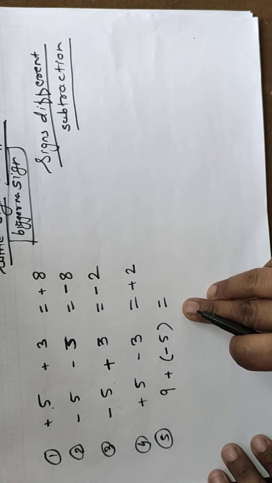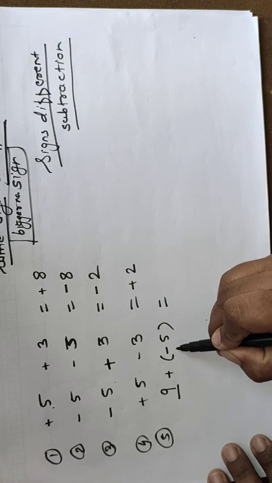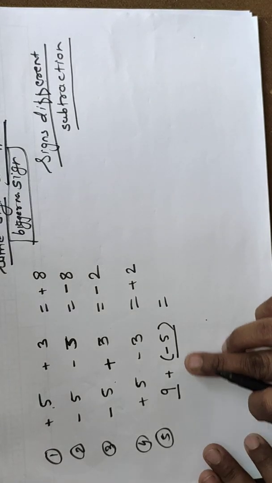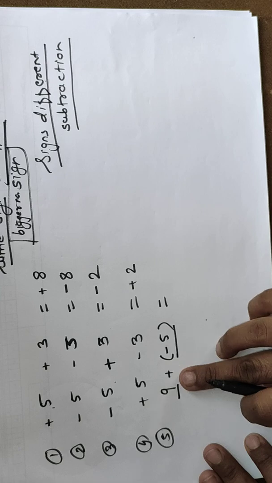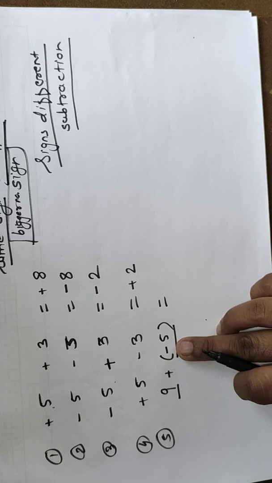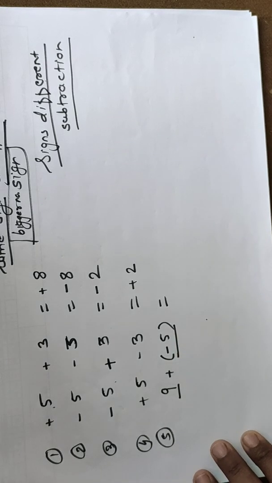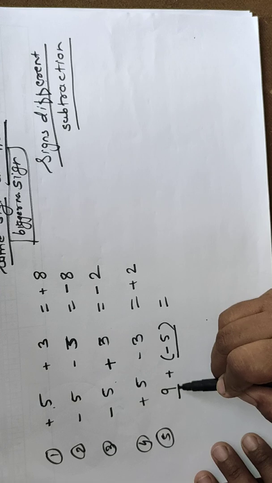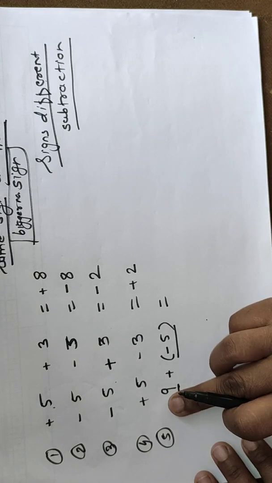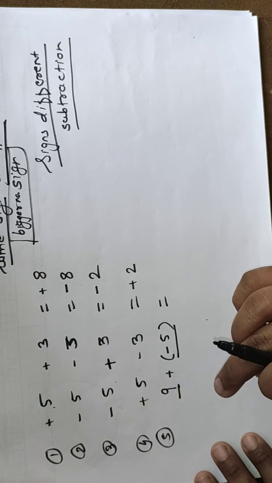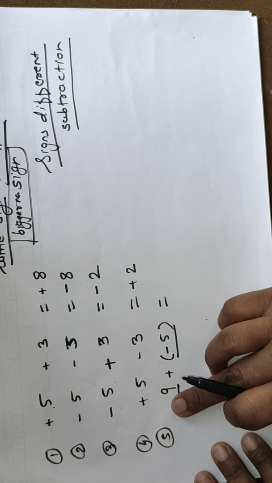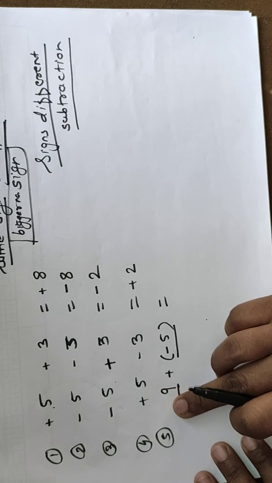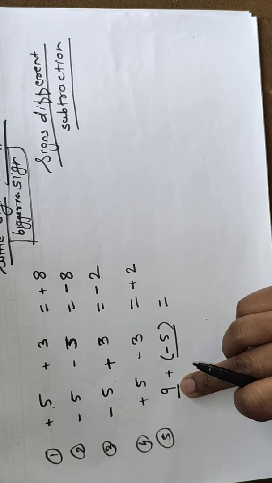Now in this example, the two numbers are 9 and minus 5. Here two signs are there, plus and minus, so don't be confused. We have to follow the same rule. If there is no sign, then there is a plus sign, so 9 is positive 9.